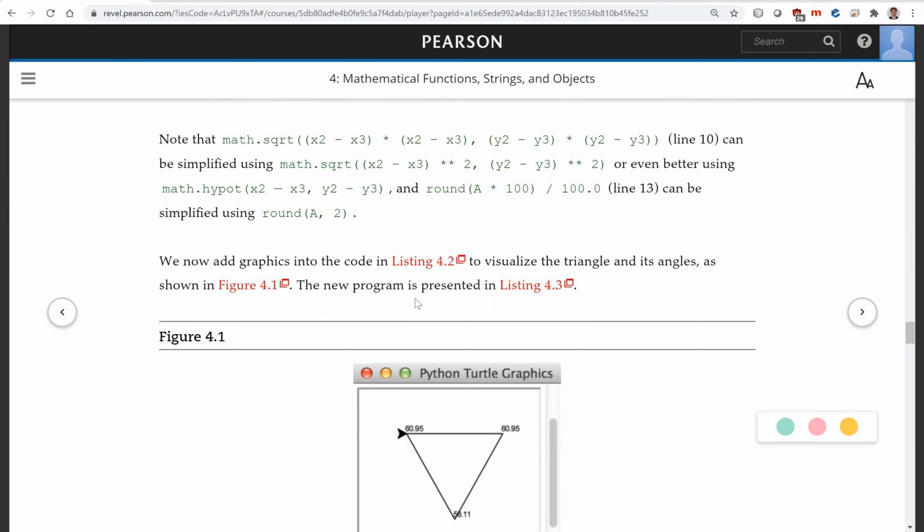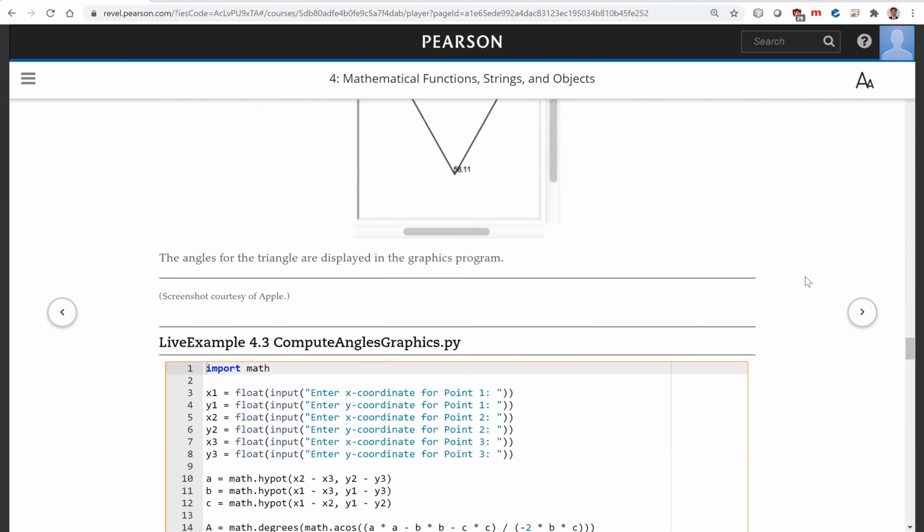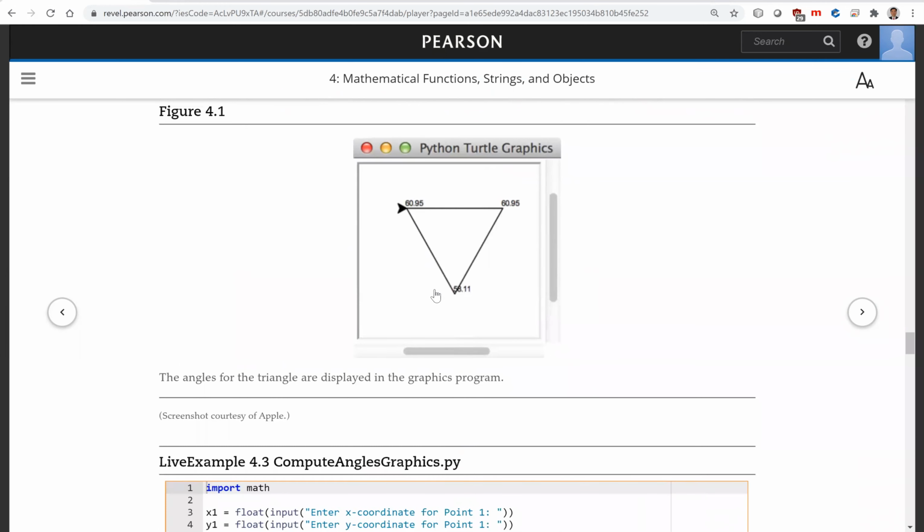You can rewrite the program to display the triangle and also display the angles. So these are the angles here, 60.95 degrees, 58.11 degrees.